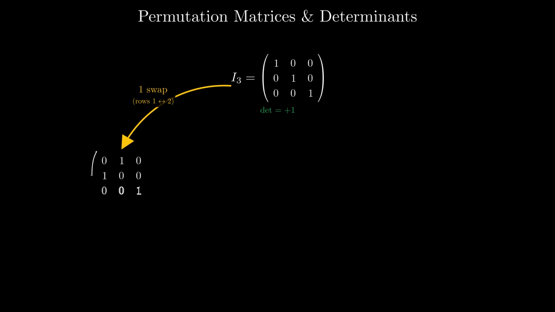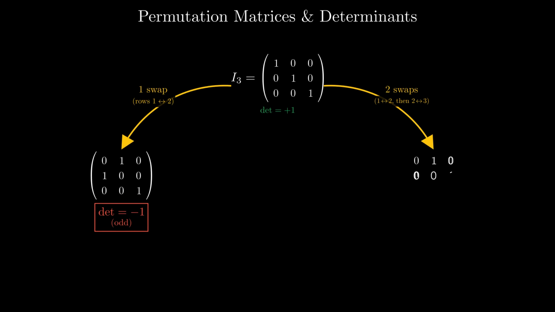If we perform one swap, say swapping rows 1 and 2, we get a permutation matrix with 0, 1, 0 in the first row, 1, 0, 0 in the second row, and 0, 0, 1 in the third row. Its determinant is negative 1, shown in red, because one swap flips the sign once.